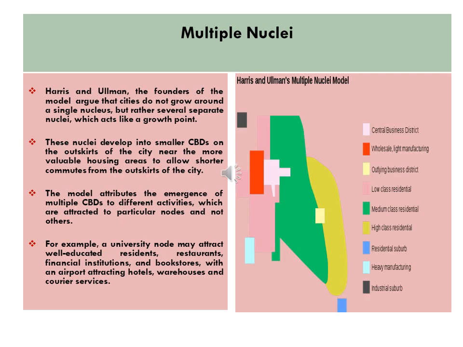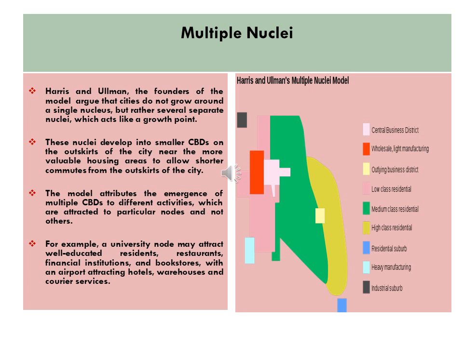The last model is called the multiple nuclei model. This model is taking a totally different view from the sector model as well as the concentric ring model.